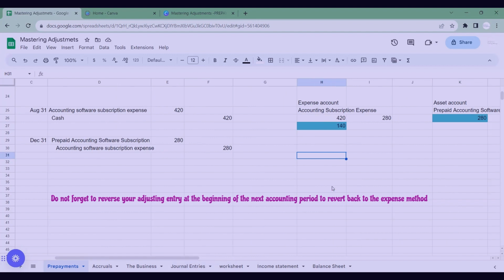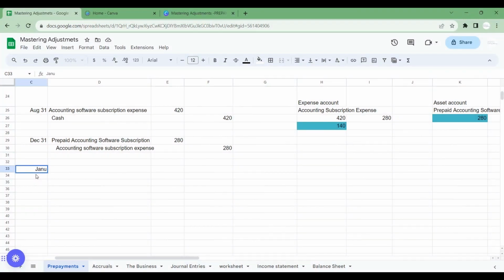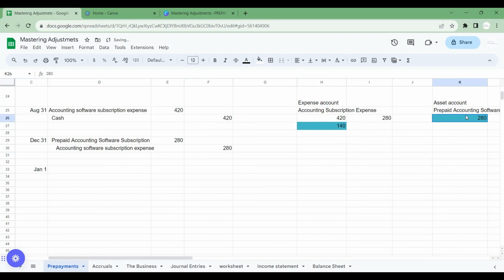When you are using the expense method, at the beginning of the next accounting period, on January 1, 2024, we are going to reverse the prepaid accounting software account and put the amount back to the expense method of accounting for the prepayment.